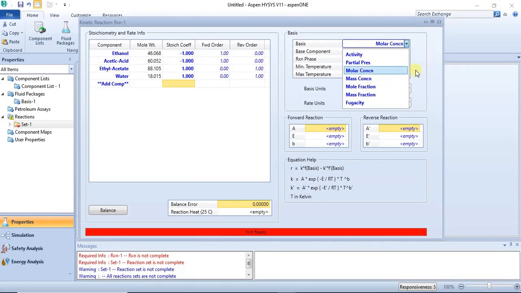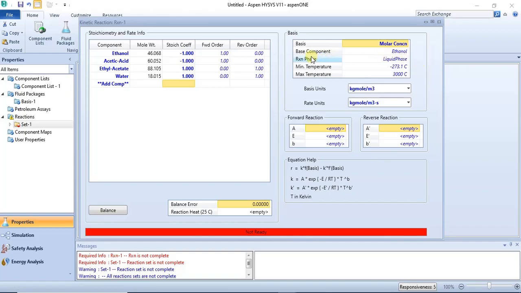So you have other bases, right? These are actually the bases for the concentration. I listed all of these when I was doing the introduction. So you have molar concentration, mass concentration, the mole and mass fraction, activity and fugacity. So these are the different concentration bases that you have. So the next is the base component.